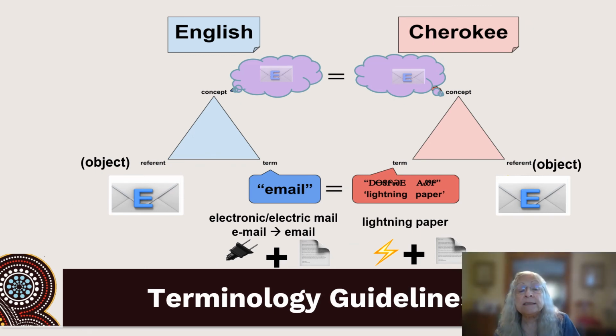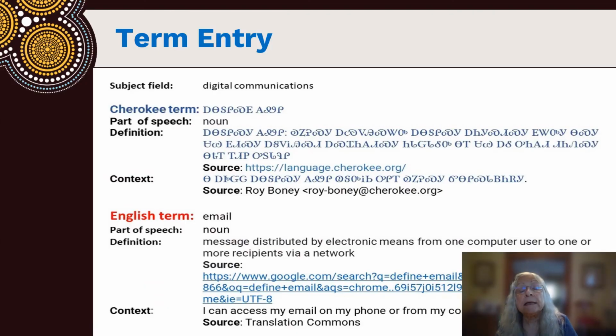Here you see the representation of how we might go from the word email in English to the word lightning paper in Cherokee, and a representative terminological entry, part of which is obscured here, but the goal being to move to sophisticated, technically modern terminological entries that then can be used to interact with machine translation systems and to create knowledge management systems based on our terminology.